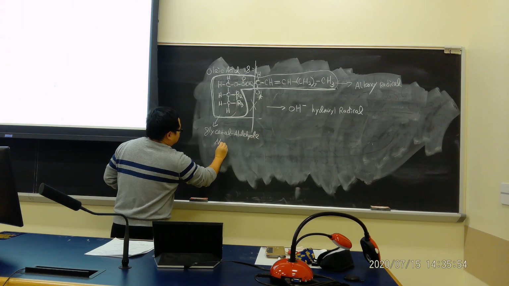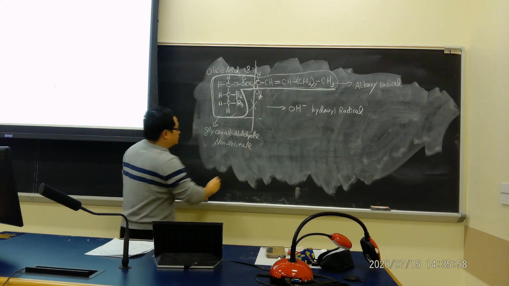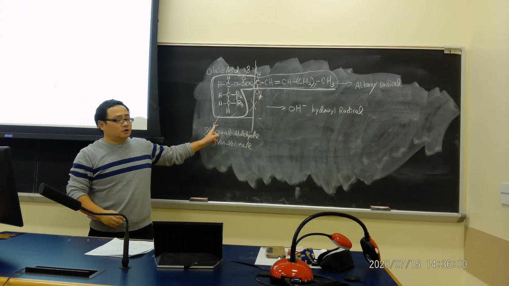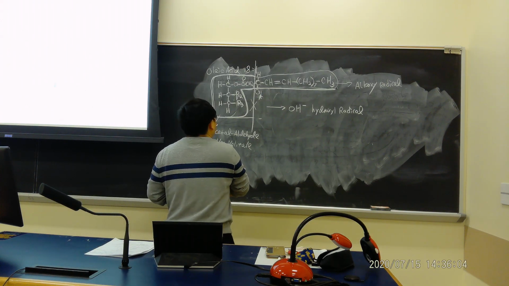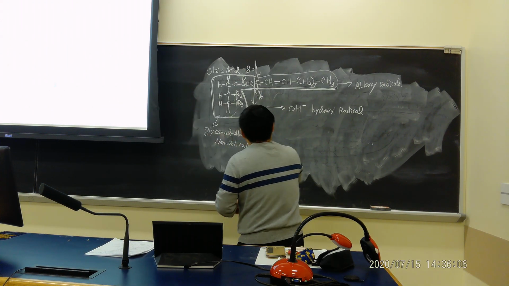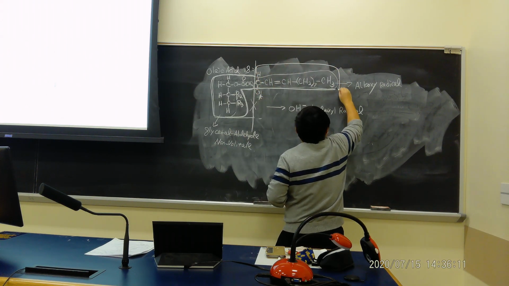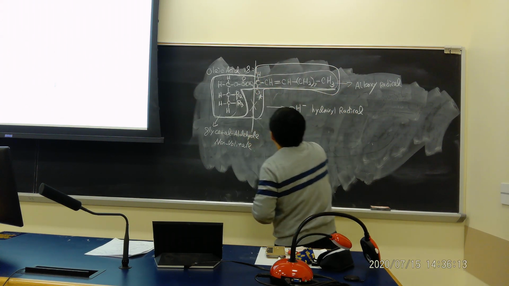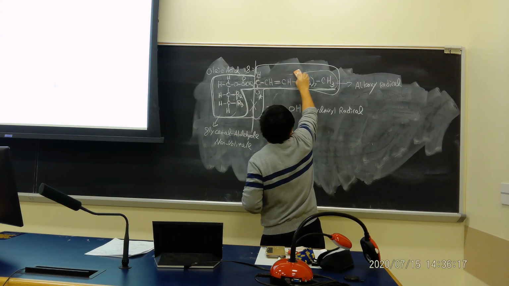This is non-volatile, which means this part does not contribute to the final flavor. Then what's really happening is right here, in this section. This section right here is what we are interested in.